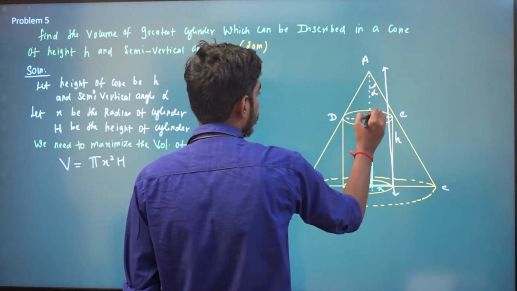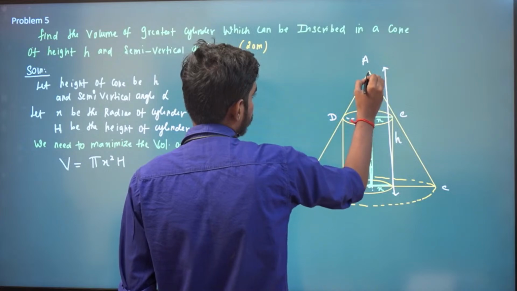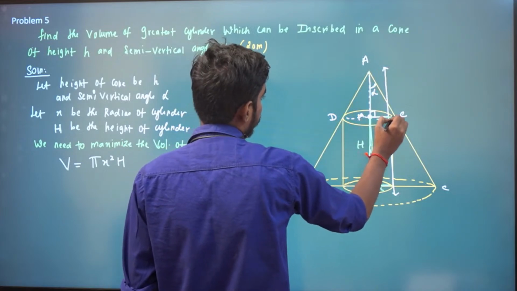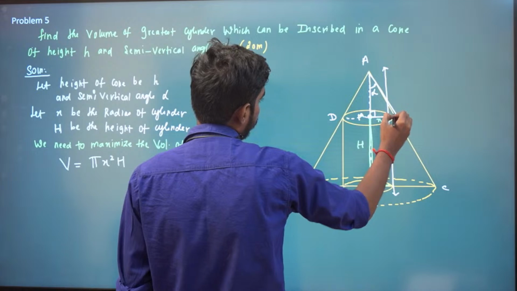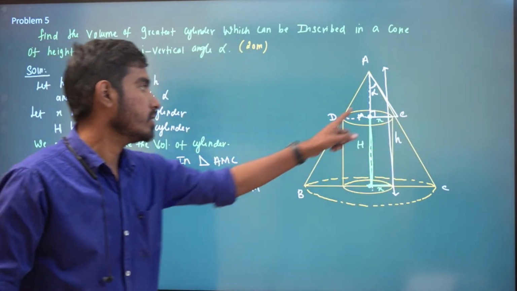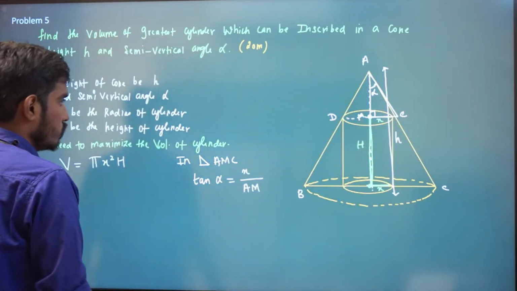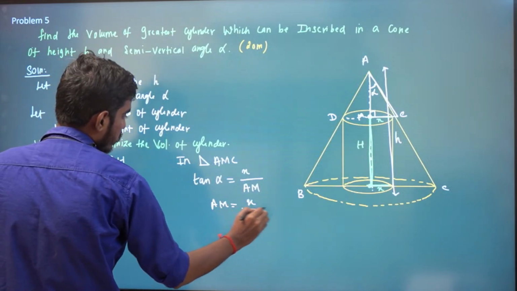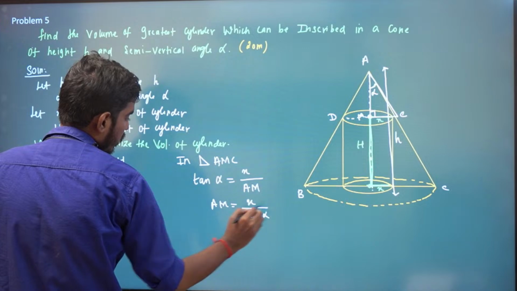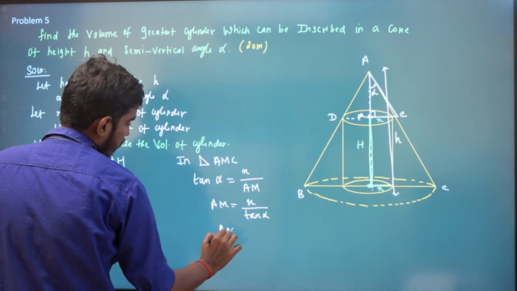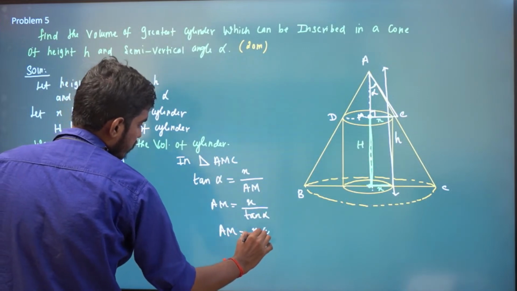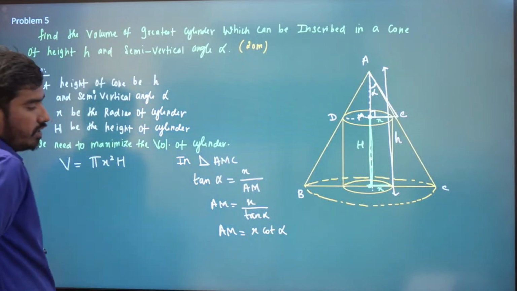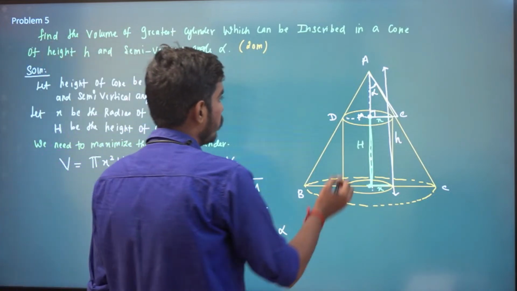This is a right angle triangle, right? In this triangle, tan alpha is x by AM. So AM is x by tan alpha, which means I can write AM as x into cot alpha.